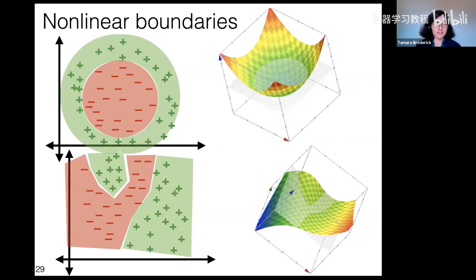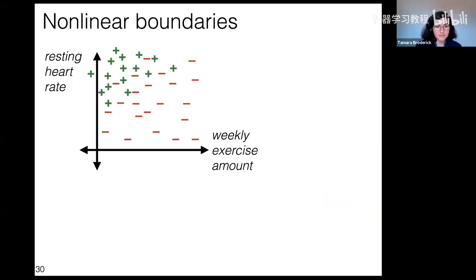So we have this ability now to fit some very flexible models with some very flexible boundaries. And so imagine that here is my data. And something we often also really see in real data is this kind of overlap.